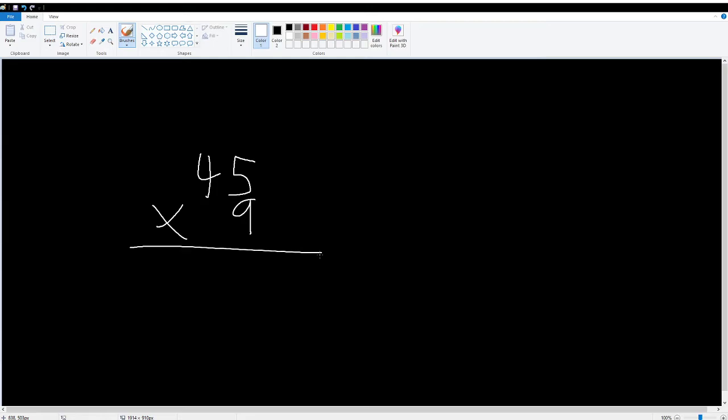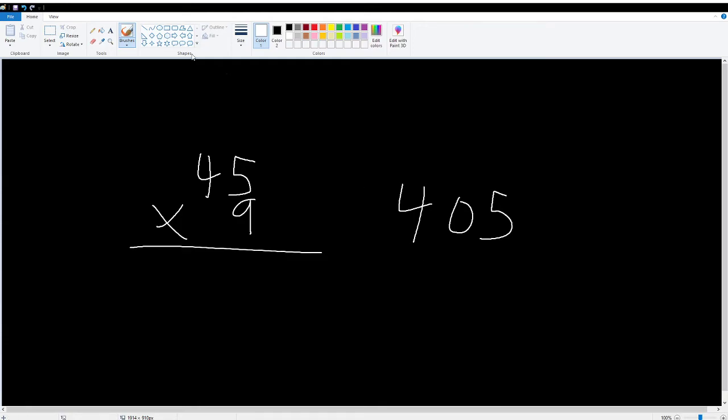So first step is break down 45 into 40 plus 5. 9 times 4 is 36, so 9 times 40 is 360. Remember that number, 360. 9 times 5 is 45, so 360 plus 45 is 405. So 9 times 45 is 405.